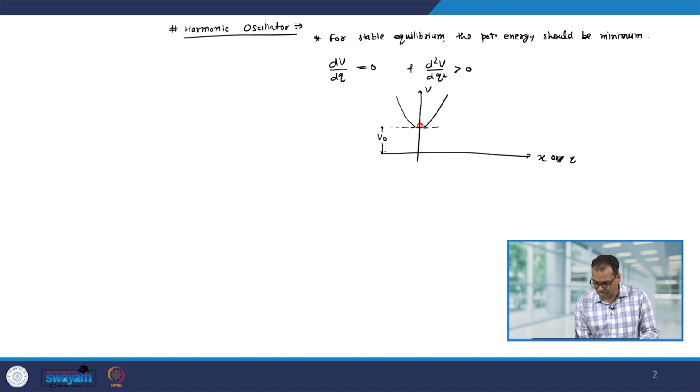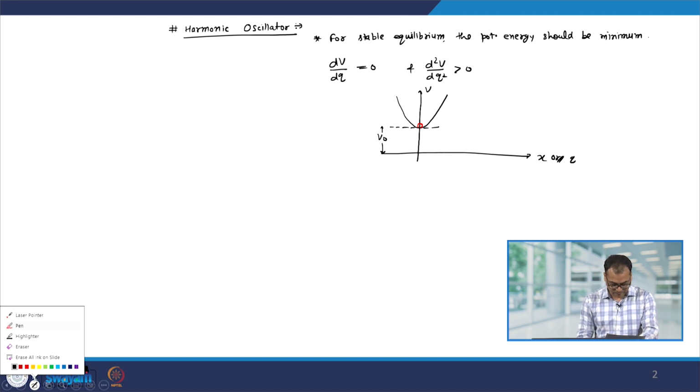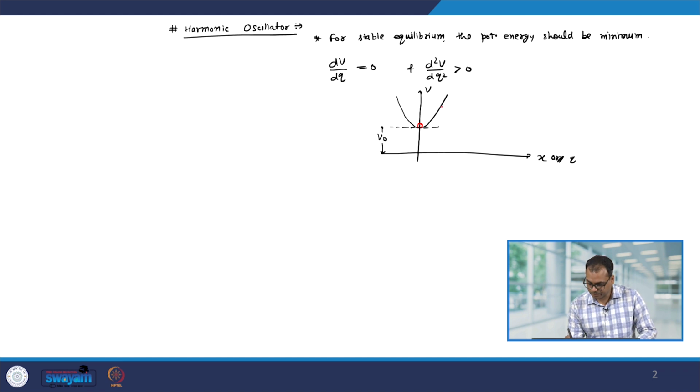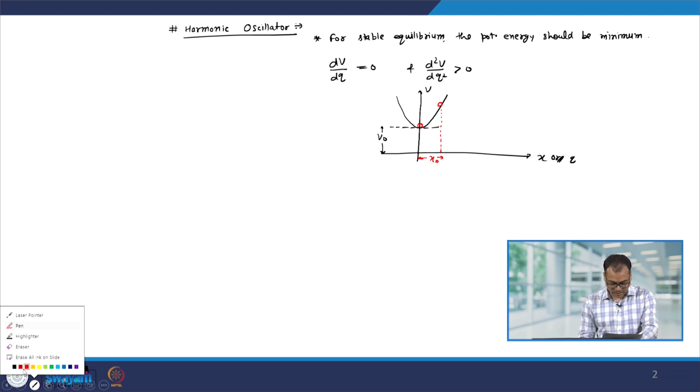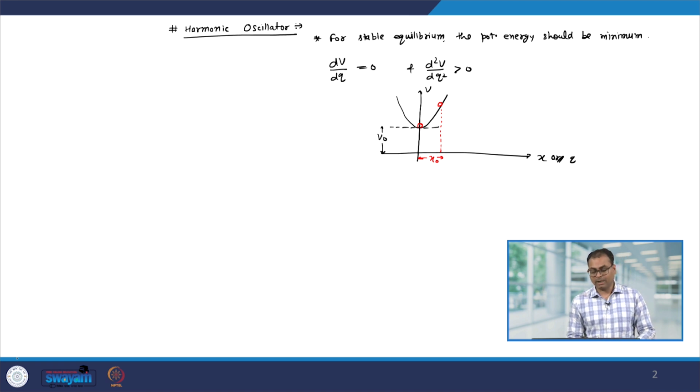This can also be 0 depending upon where you set the reference, and now let us say you displace this particle by an amount x naught. Okay. So, in that case a force is going to act on the particle to bring it back to the equilibrium. So, let me state it here.